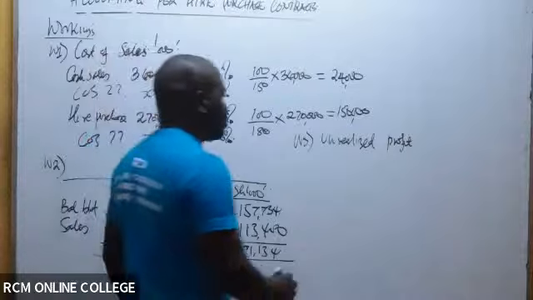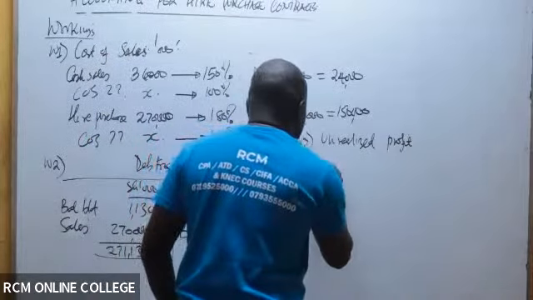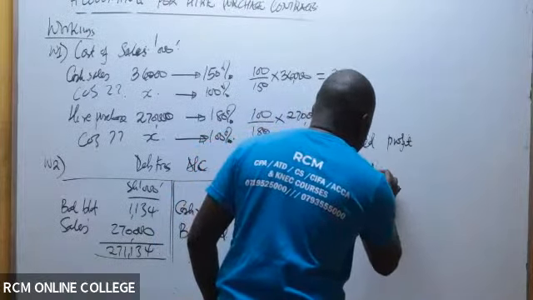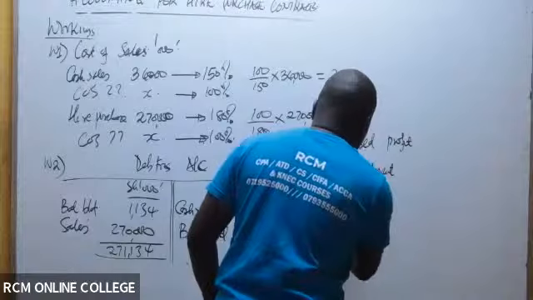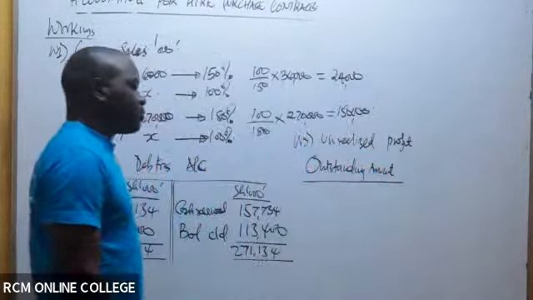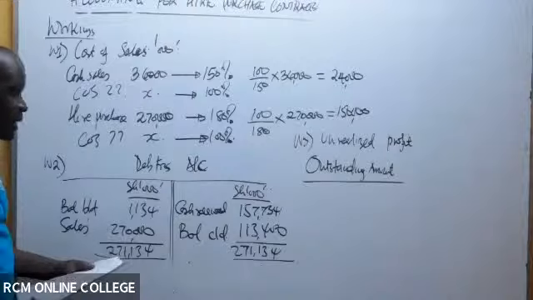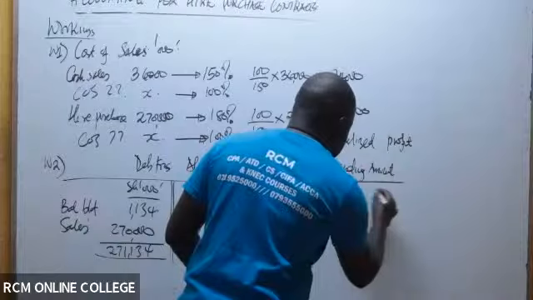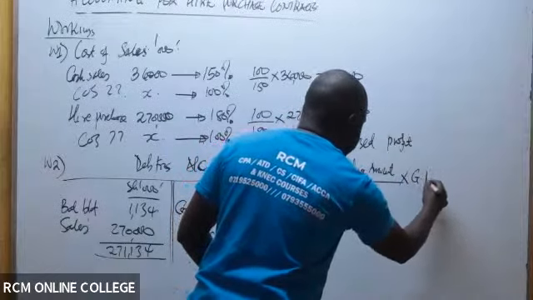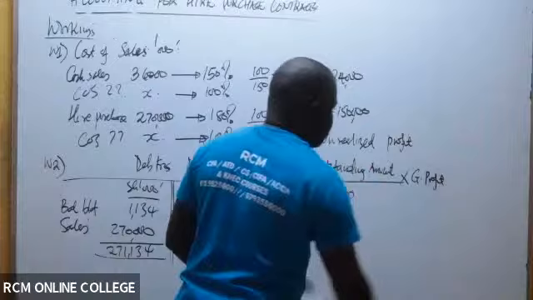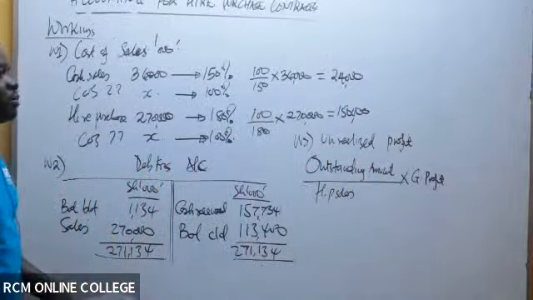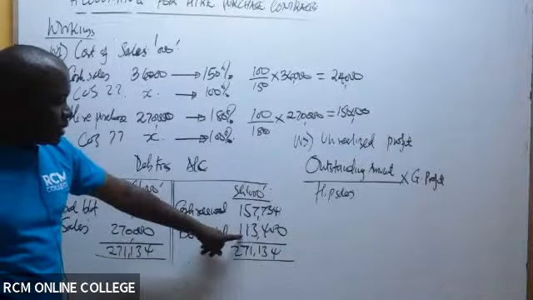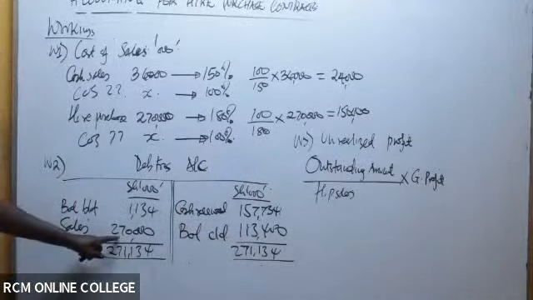Nilikuwa nimewaambia unrealized profits in this case, you'll take the outstanding amount from these debtors, you divide by the hire purchase sales, then you multiply by the gross profit. So the outstanding amount by the end of the day is 113,400. The hire purchase sales is 270.